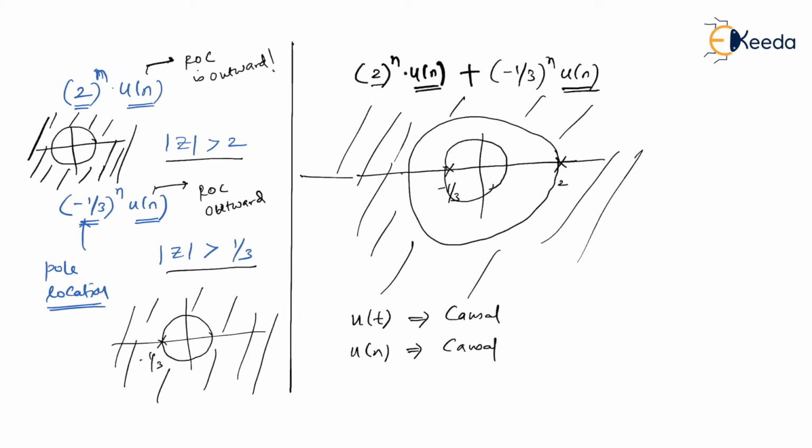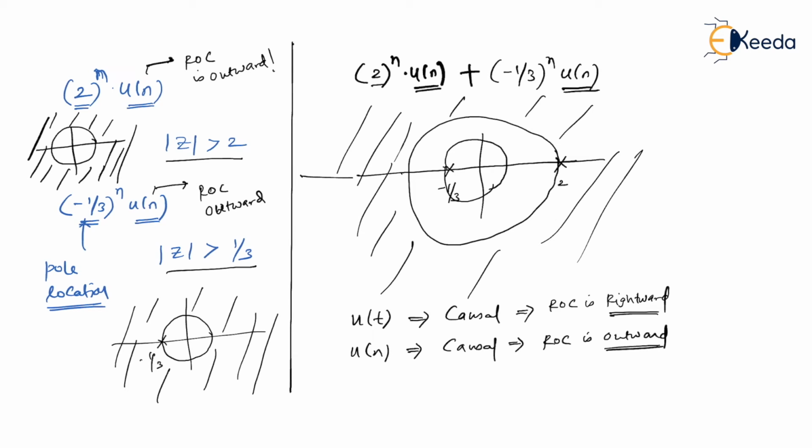In the case of a causal signal in Laplace transformation, the nature of the ROC was rightward. And in the case of Z transformation, we show the ROC with respect to circles, so the ROC is outward. So you can just remember rightward for Laplace and outward for Z transform.